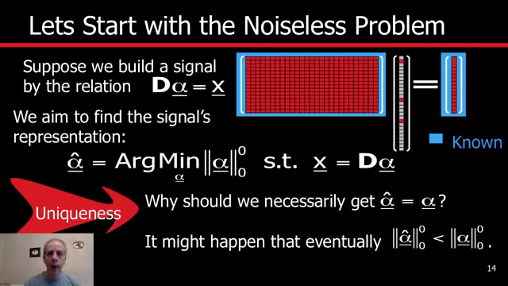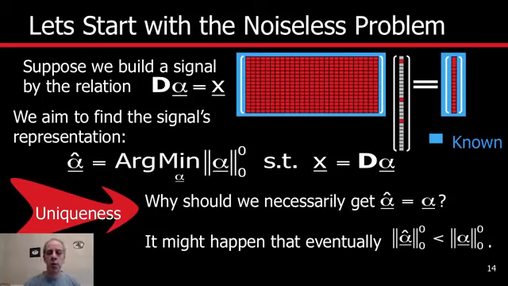Assume that column 1 and 2 are identical, and I generated this signal with the second column. But when I go to reconstruct, I can pick column 1 instead of column 2, and therefore I get a different alpha. So that's an example where the solution is not unique.